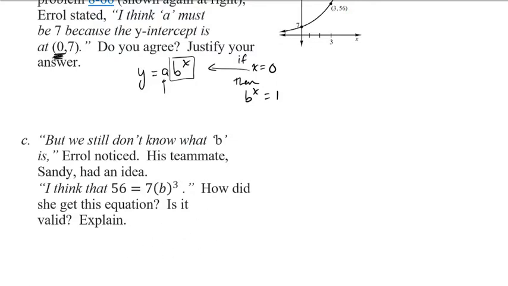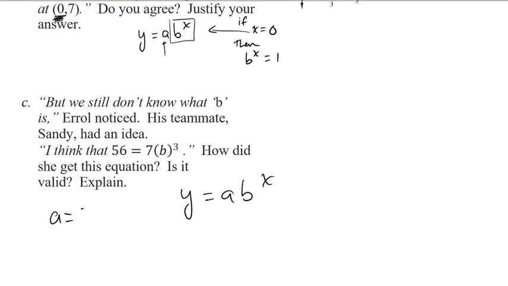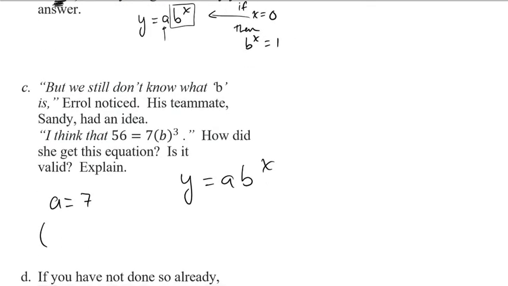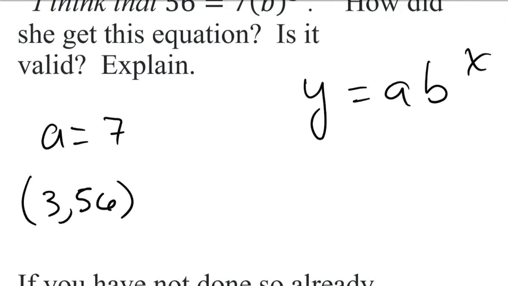Let me erase this and start over again. Y equals a b to the x power. We know that a is equal to 7, and we have this point at (3, 56). We know an x and a y value from a particular point, and we also know where we're crossing the y-axis.